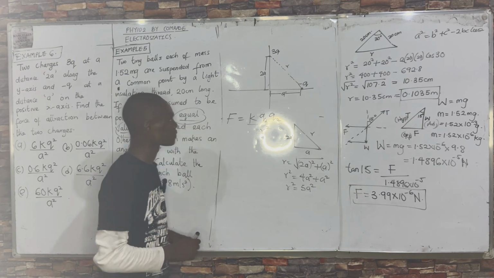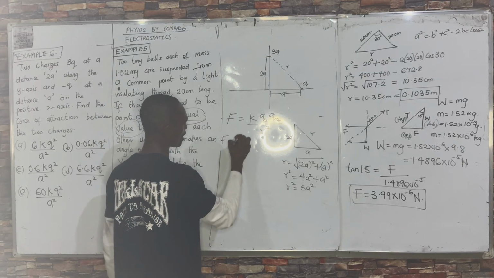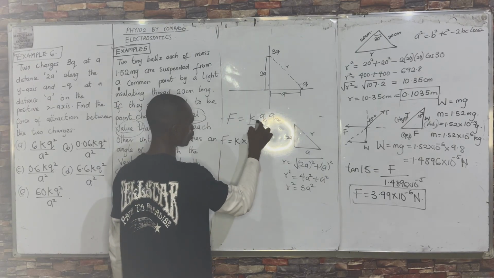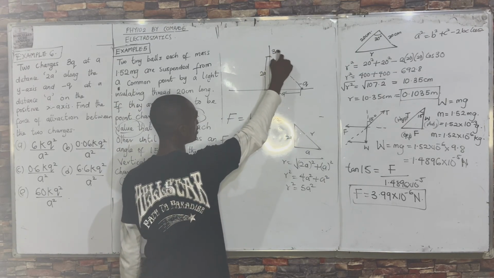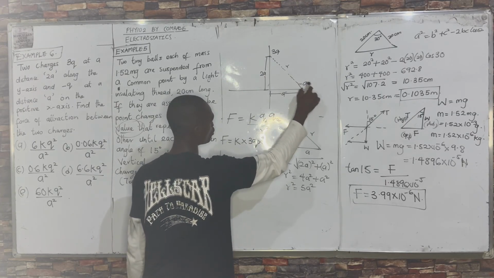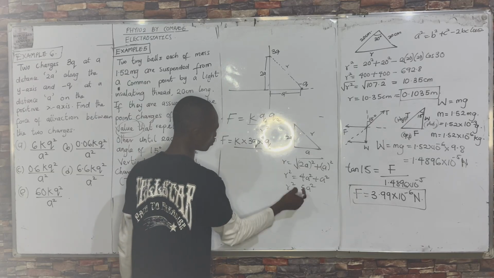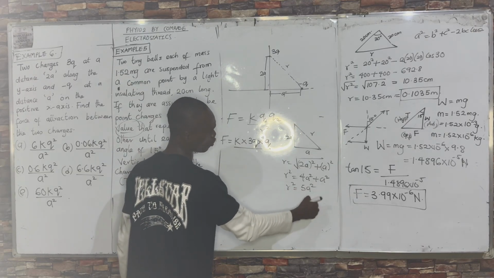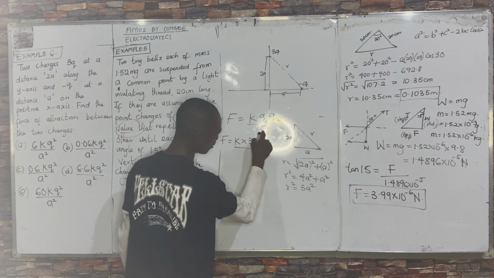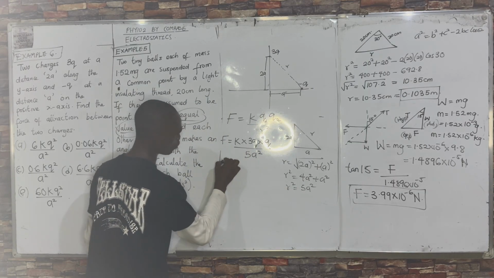You see it? So now, let's go. F becomes K remains K. Q1 is 3q times Q2 is q. Remove the sign, don't forget. Over R squared is 5a squared. Don't do 5a squared again. R squared is already 5a squared. So I have 5a squared. So what I have?